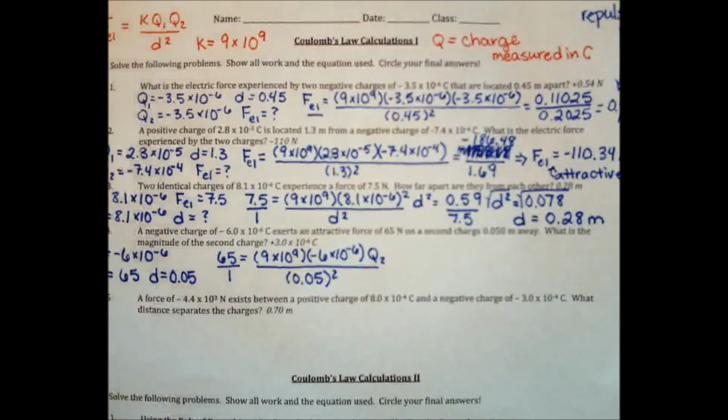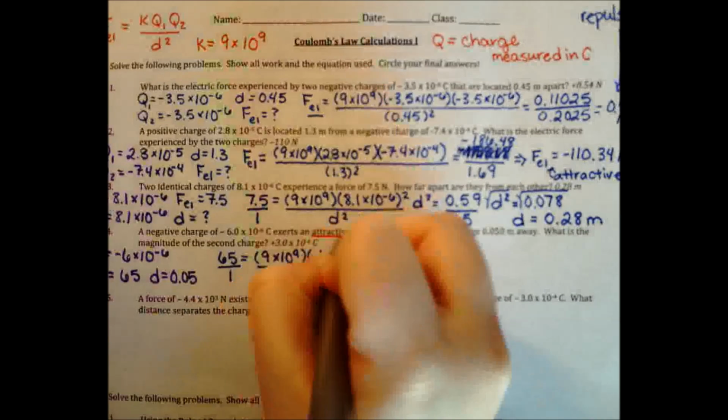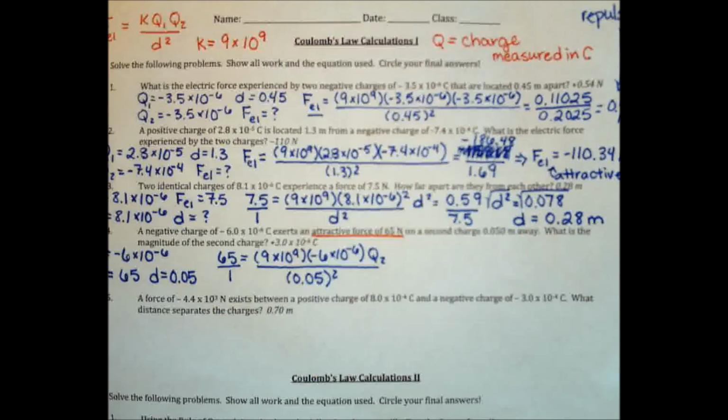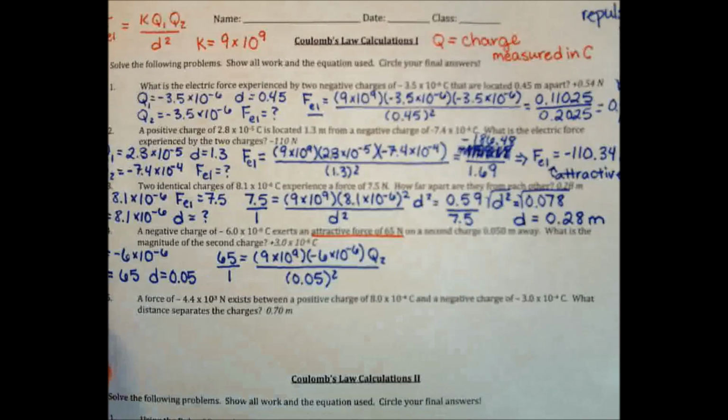Two things. One, this is probably, in my opinion, the trickiest algebra involved in any of these, and you just have to kind of think through it step by step. Two, there's kind of a trick here. It tells you that it's an attractive force of 65 newtons. What kind of charge or what kind of sign do attractive forces have?